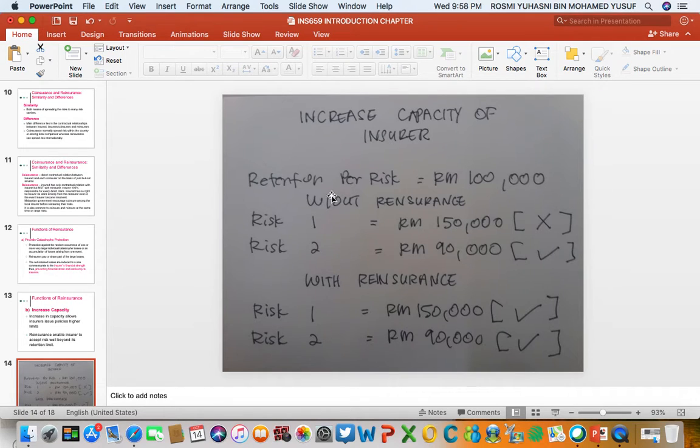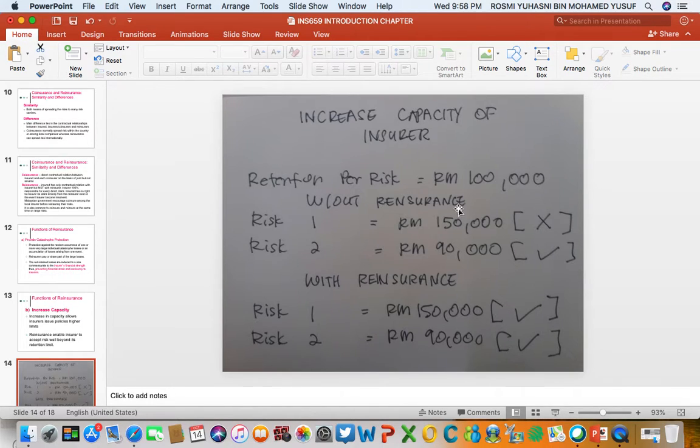For example, here, insurer has a retention for all risks, so they have determined the retention level up to 100,000 per risk, meaning that they are not able to accept risk which is more than 100,000.